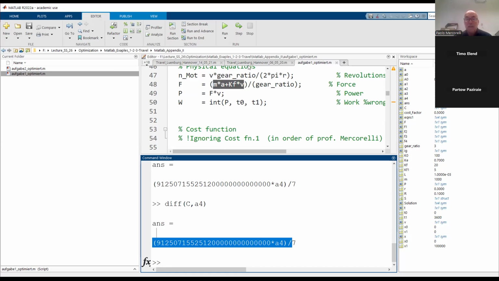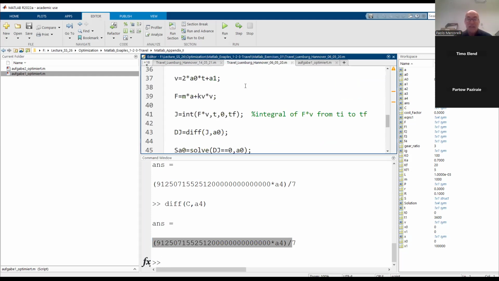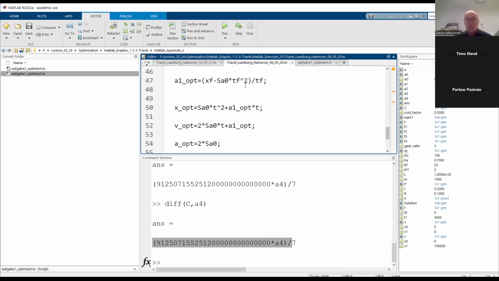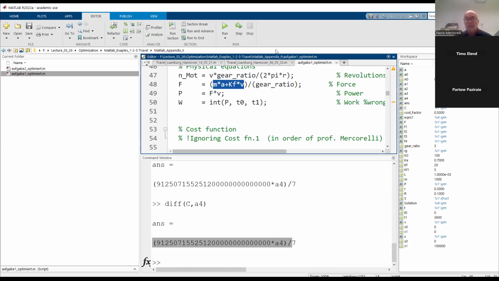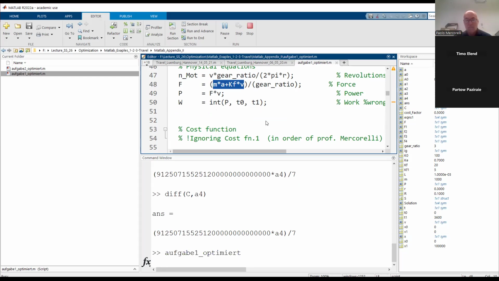Now, of course, the problem could be more complicated. This case is relatively easy, but it could also be not possible to be solved. Let me run this.